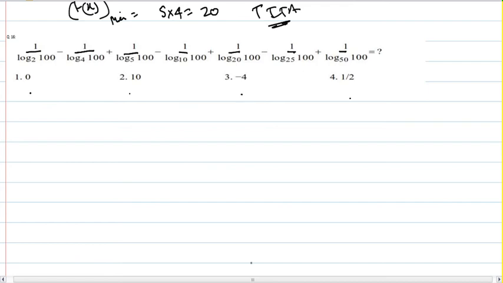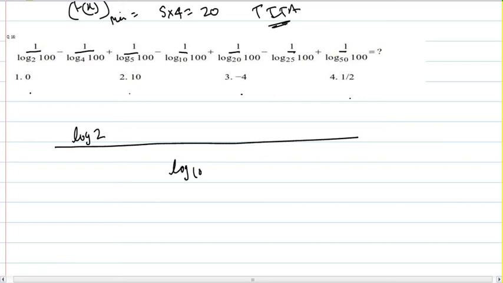That implies I would be able to cancel logs and get constants out of it. How can I go about it? See, I can simply rewrite this as log of 2 divided by log of 100.